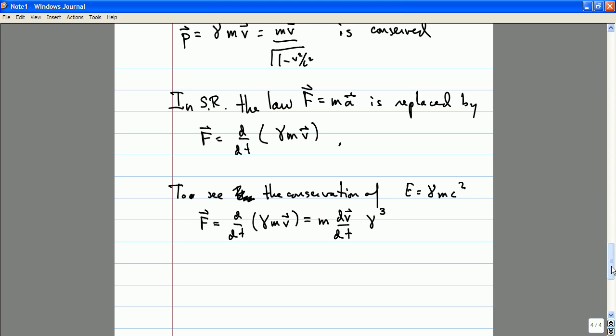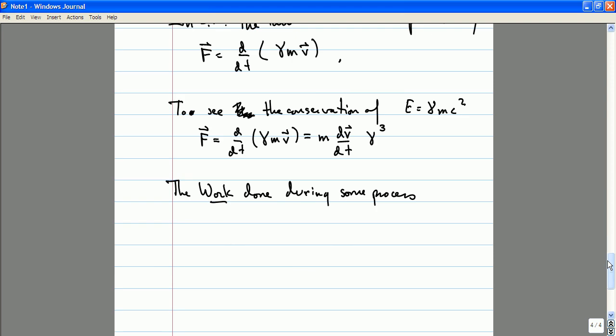So that means that the work that is done during some process where a force is applied to a particle, well, I remind you that the work is the integral of F dx. If you move a particle from one point to another using some force, then that does some work, which is the integral of the force between the 2 points.